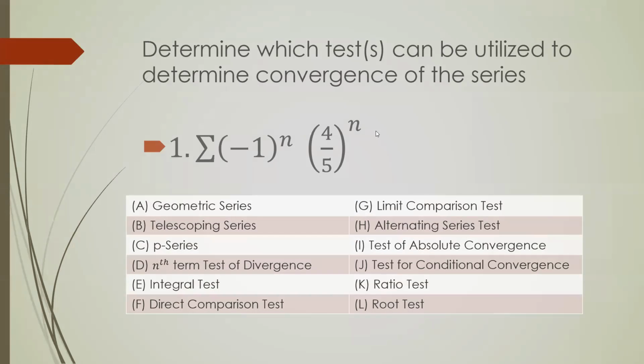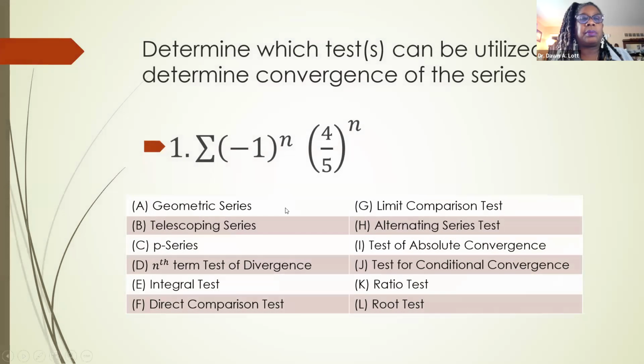Okay, here we go. If it looks like a certain kind of series, then put that there. If there's another way of solving it, another series test that could be used, use it. If you have to do a limit comparison test to another test, you need to write them both.